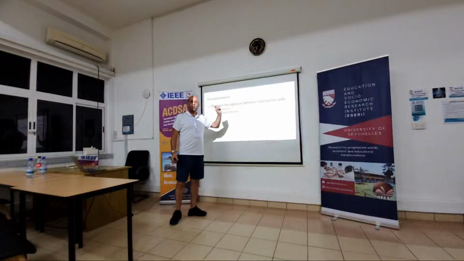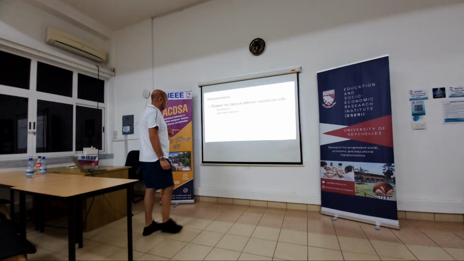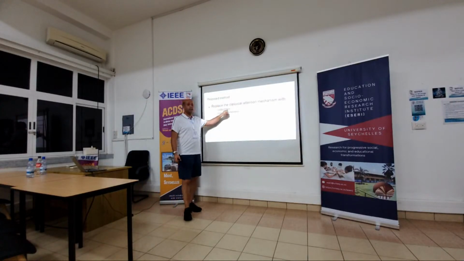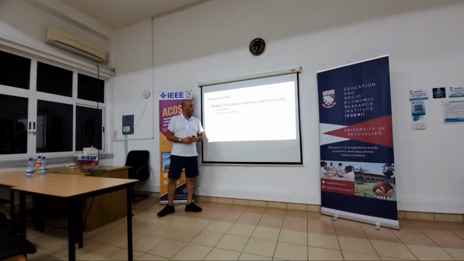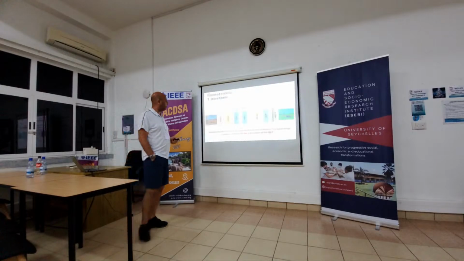This is then what we propose. First, we replace the classical attention mechanism with two things. The first is skip attention, and the second is pool and unpool attention. How did we do that?